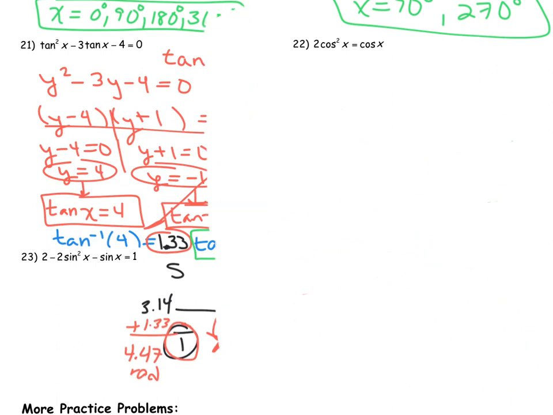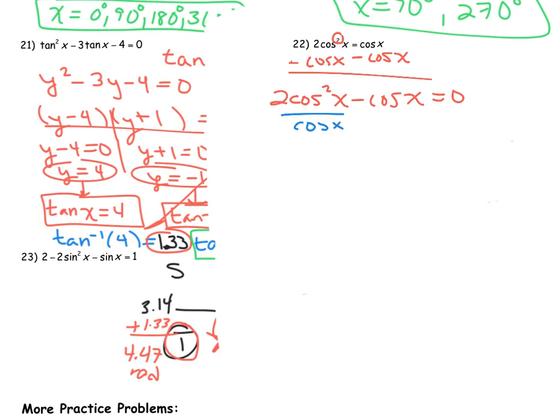Alright, so last question of the day here. We see that this is a quadratic, so we're going to set it equal to 0. So let's subtract over that cosine of x. So I'll have 2 cosine squared of x minus the cosine of x equals 0. I'm going to factor, so let's take out that cosine of x, take out that GCF. So I have cosine of x times 2 cosine of x minus 1 equals 0.